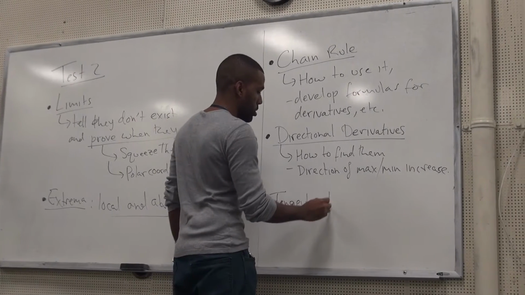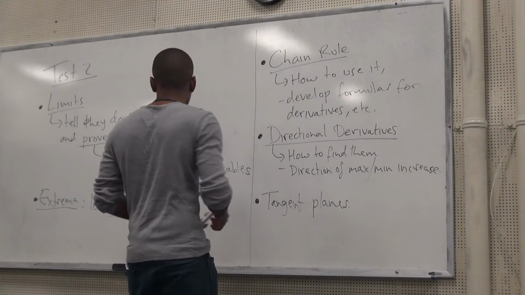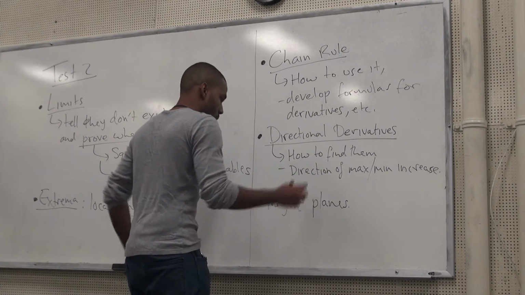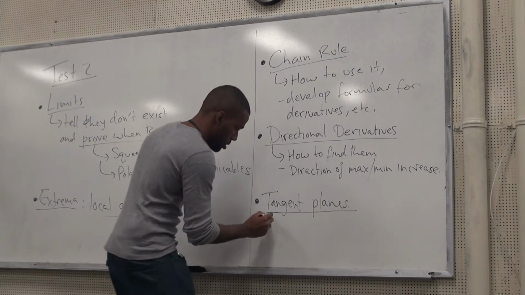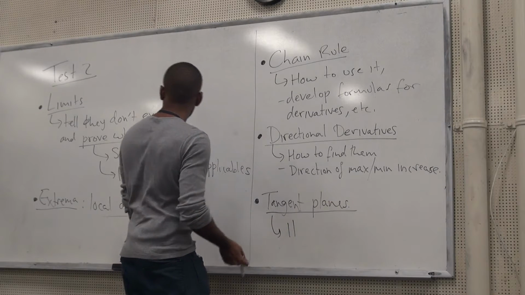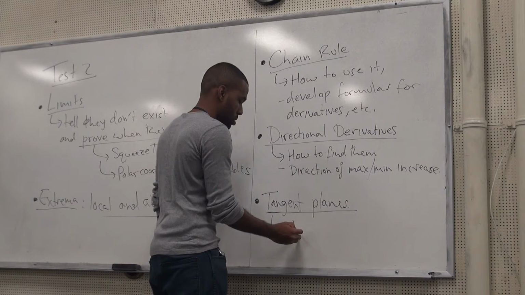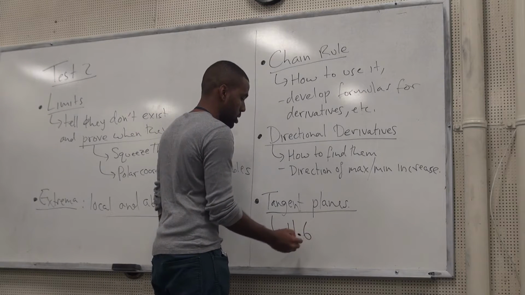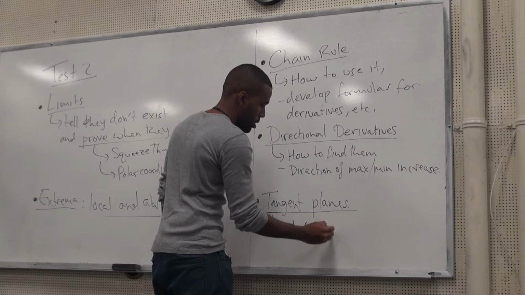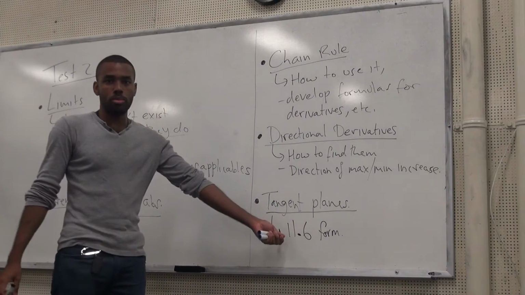Of course, tangent planes. What section was it that we learned about the gradient formula for it? That was 11.6. The form you learned earlier doesn't matter. This form captures that.